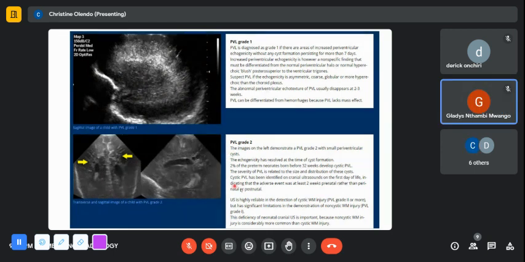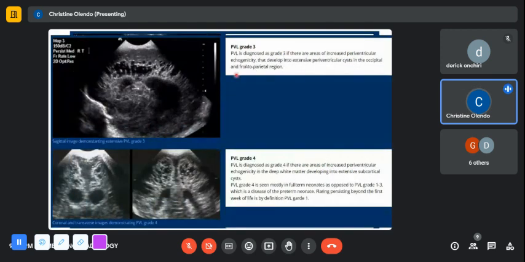So here we have grade 2. We have the small periventricular cysts. At this time, the echogenicity had resolved, but we had the cysts that are visible there. That's grade 2. And then in grade 3, we said the cysts become larger.